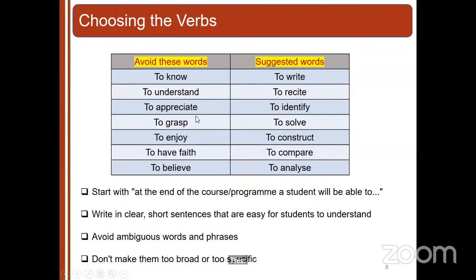I am not sure about to know, to appreciate, grasp, or enjoy, but there is always one particular CO that comes with the verb to understand, especially CO1, CO2. These terms in the first column are all subjective and they do not make any meaning when you are trying to measure them.